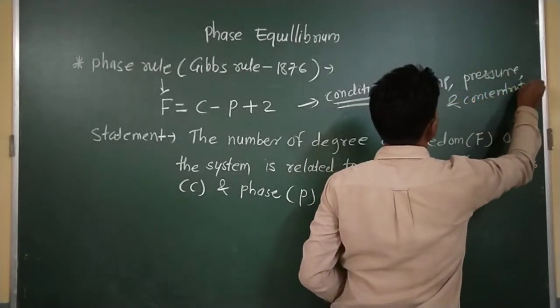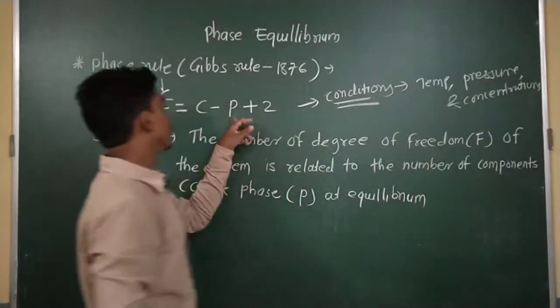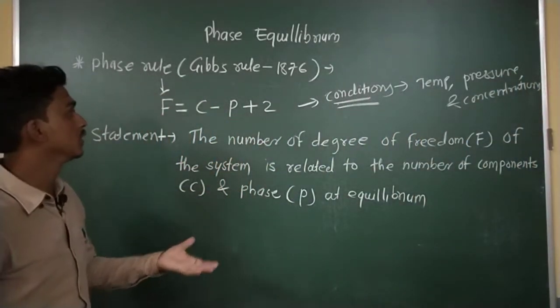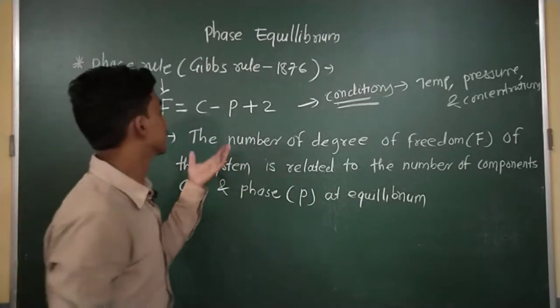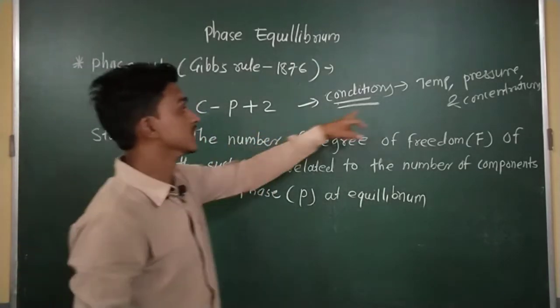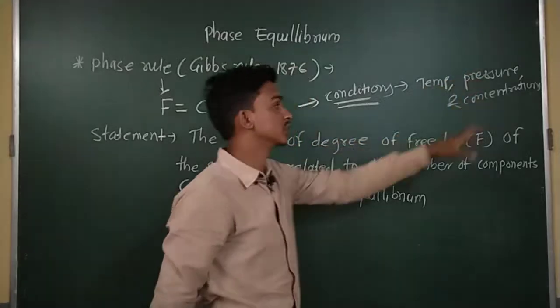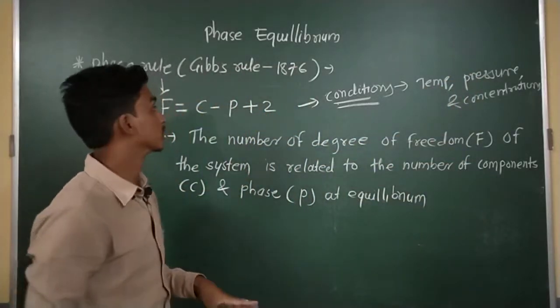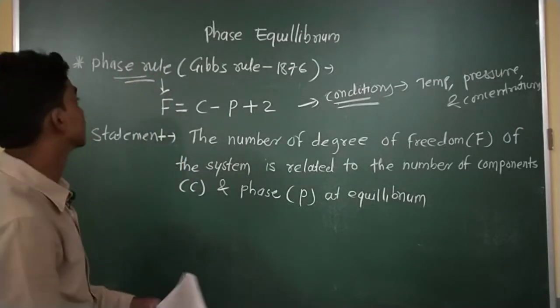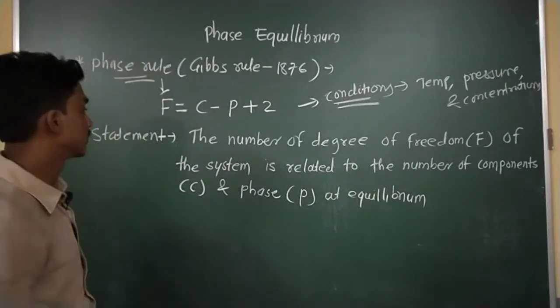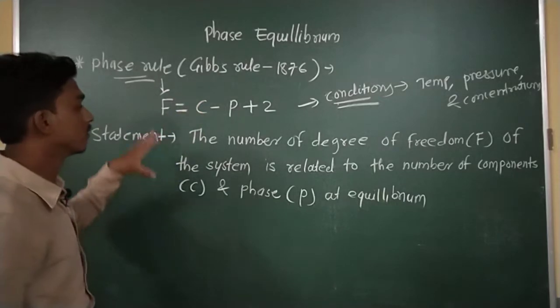These are the variables. We can interconvert one phase to another state or another phase by changing the temperature and the pressure. So 2 is common for this equilibrium system or any equilibrium systems. So this is the statement.